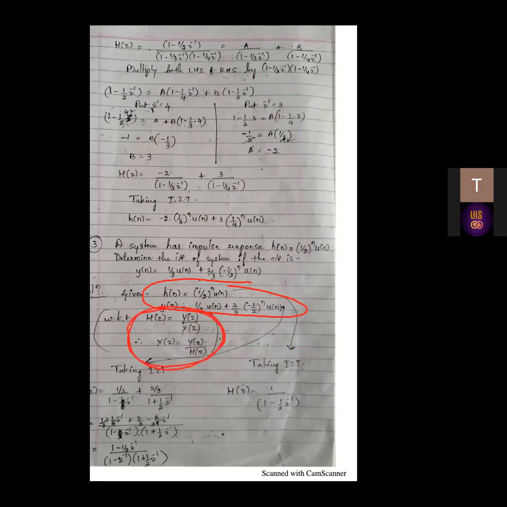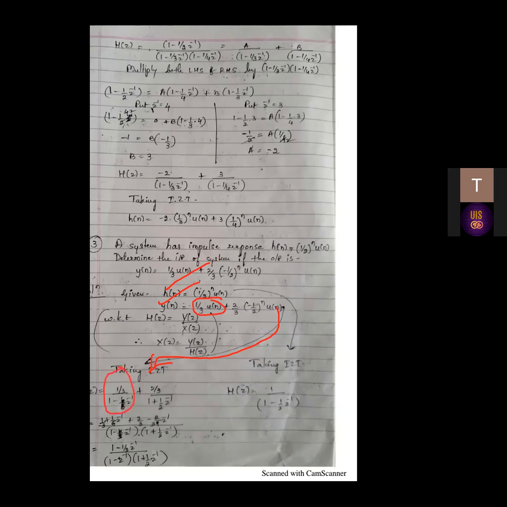Okay. So the very first part I have done. Take the z transform for both h and y. See, I have done that. For y, Y of z will be 1 by 3 into u of n, and u of n is nothing but 1 by 1 minus z inverse.